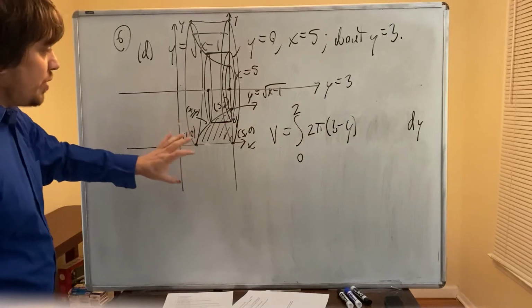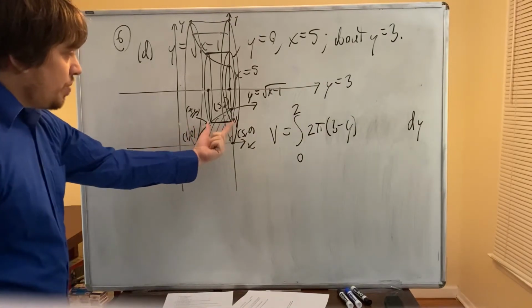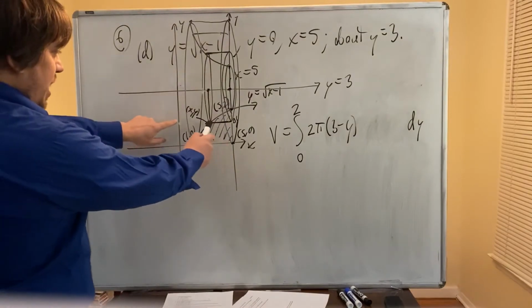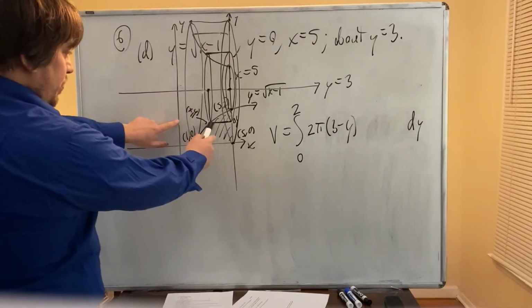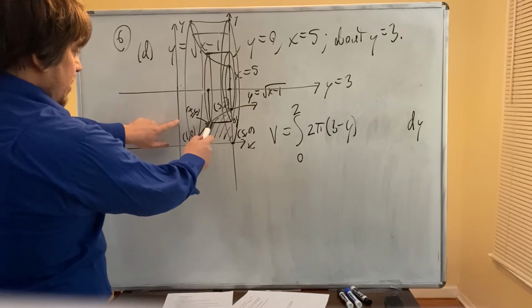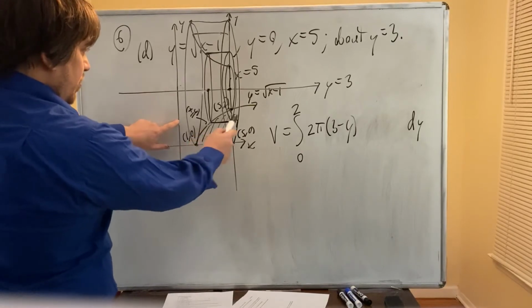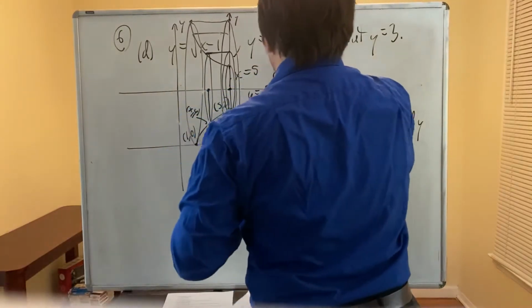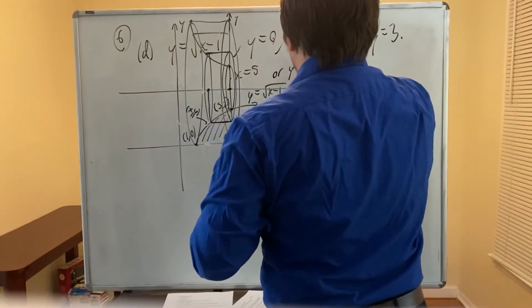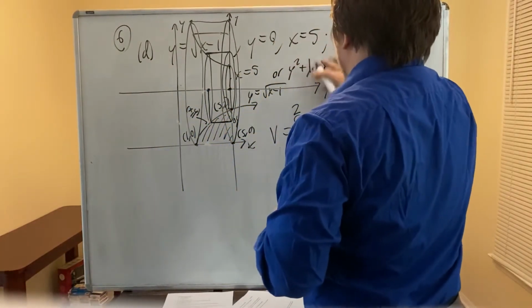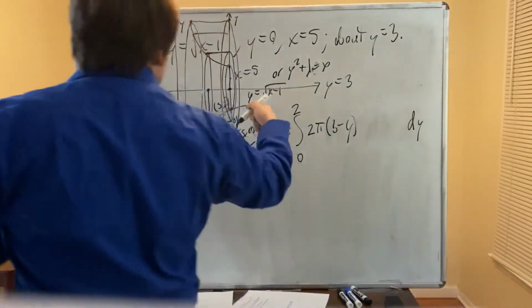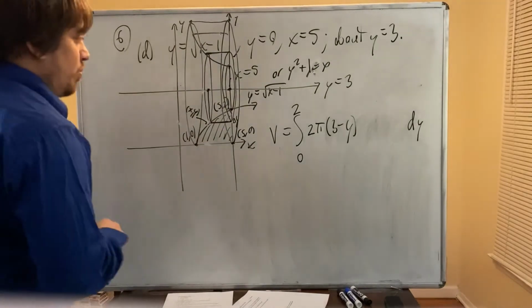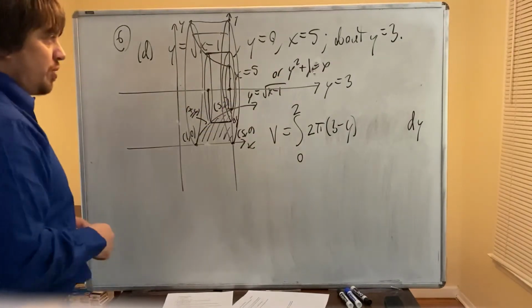2 pi r h, and h is that. The x coordinate of this point, it's 5 minus x, right? But what's x? It's on this graph. If you have y equals the square root of x minus 1, solving for x, you get x equals y squared plus 1.